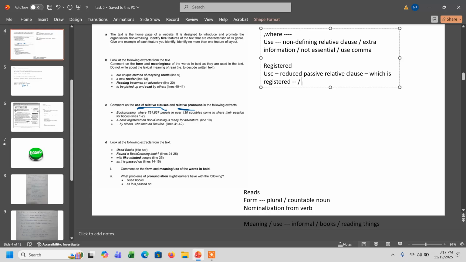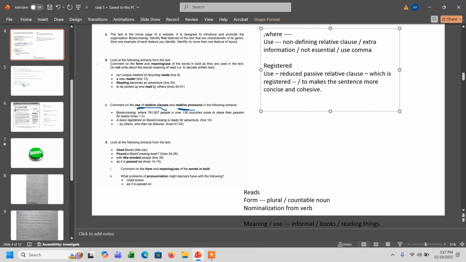Why do we use reduction? To make the sentence more concise and cohesive.